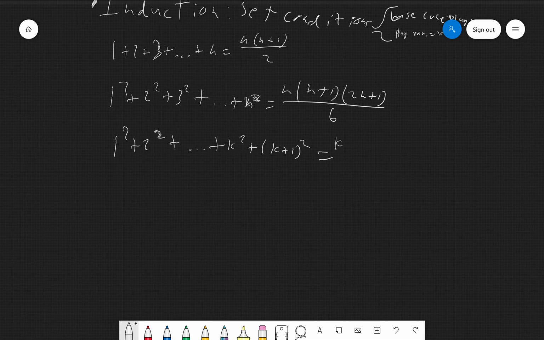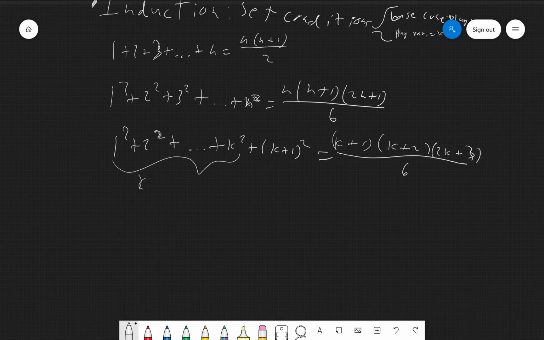You get k plus 1 times k plus 2 times 2k plus 3 over 6. Now I'm going to expand on the right side, and I'm going to expand on the left side and do this substitution. I'm actually going to write this part in expanded form.